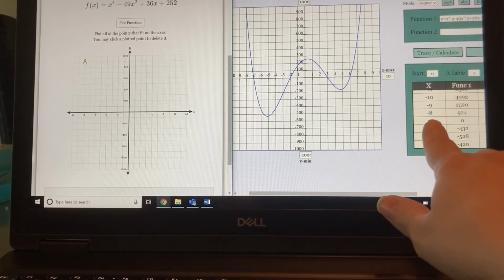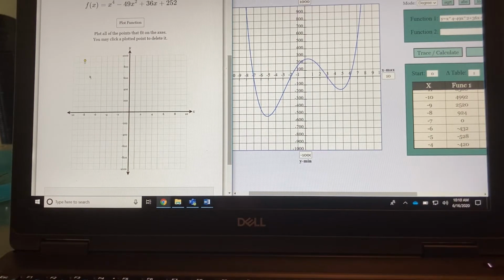As long as it's in approximately the right spot, it's going to count it as correct. Then the next value over here is -7, so -7 right there, -6, and -432. So I'm going to go down just past 400. -5 and -528, so go down just past 500, -4 and -420.